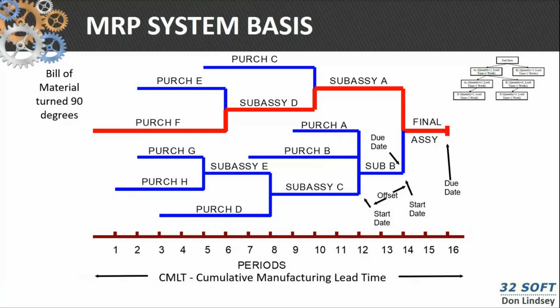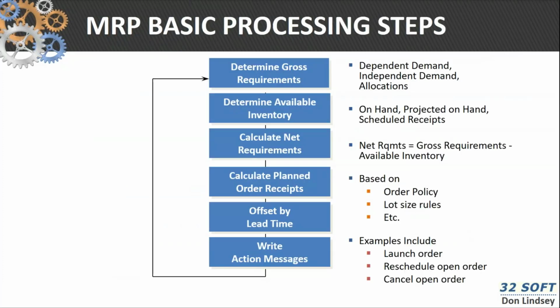If you look at the total amount of lead time, that's what's called cumulative manufacturing lead time. And if you're responsible for forecasting, you've got to remember that you need to forecast at least that cumulative manufacturing lead time.